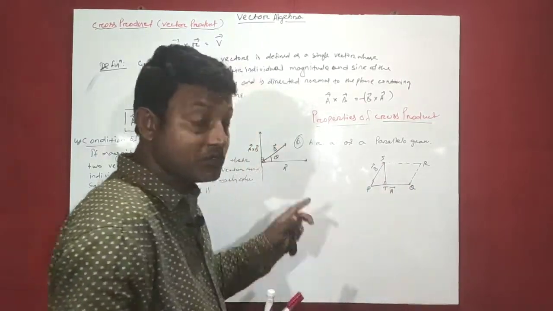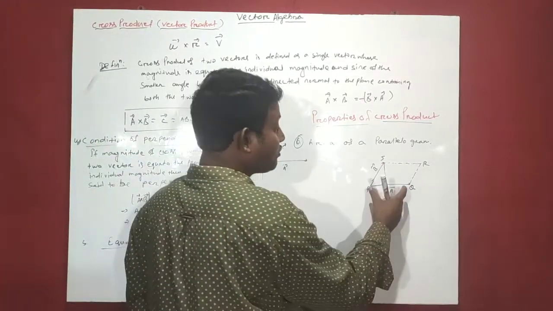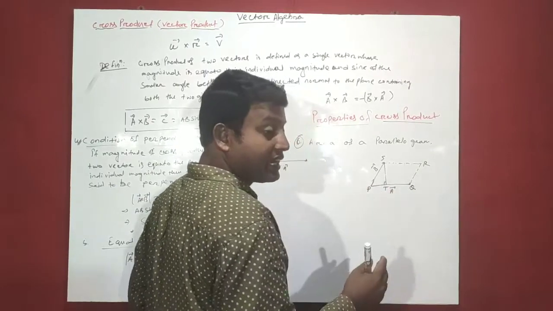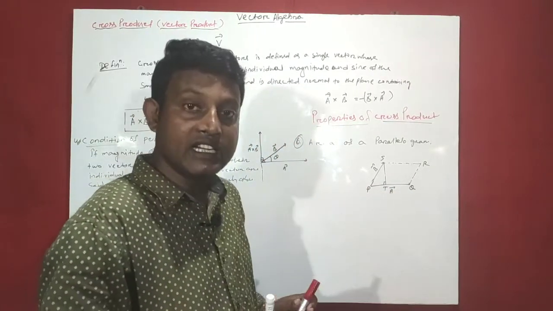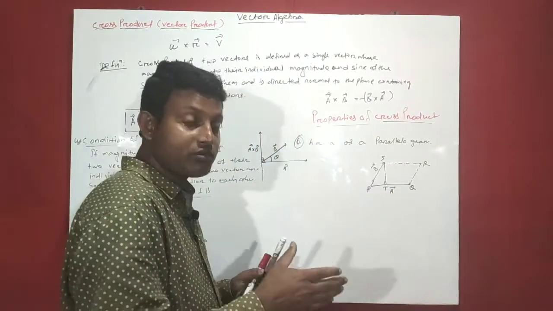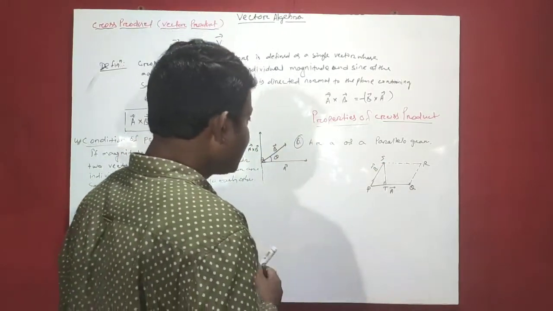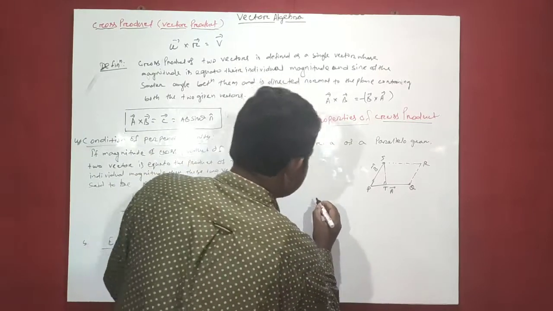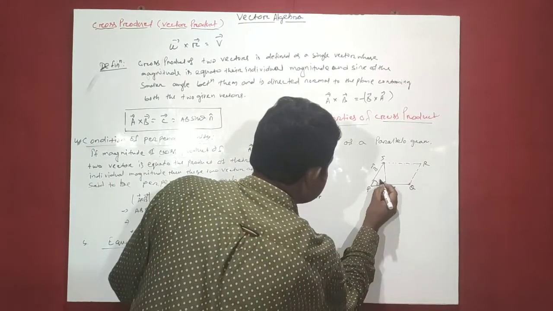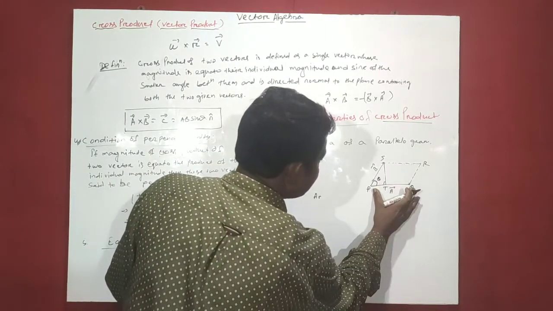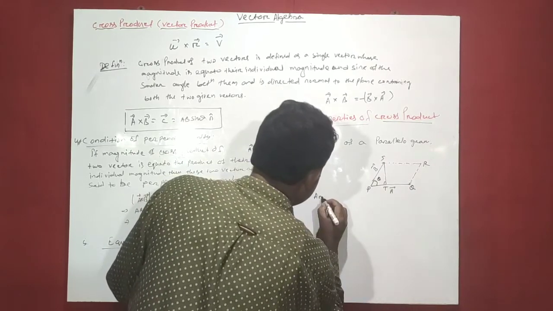From class 9 we know that the area of a parallelogram is the product of one of its sides and the perpendicular drawn to that side. This is theta, the angle between the A vector and the B vector.